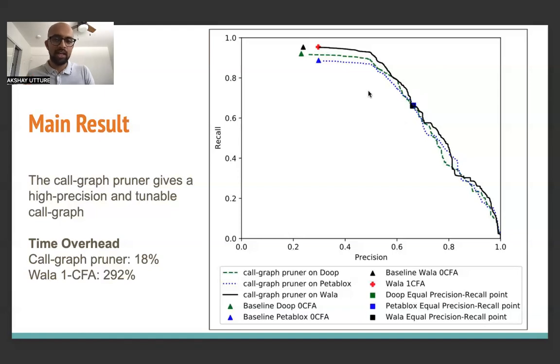However, note that a client analysis may still prefer the WALA 1 CFA if it wants a precision boost without losing any recall. And as far as the analysis time overhead is concerned, the call graph pruner only adds 18% to the 0 CFA analysis, whereas the WALA 1 CFA increases the analysis time by 292%.